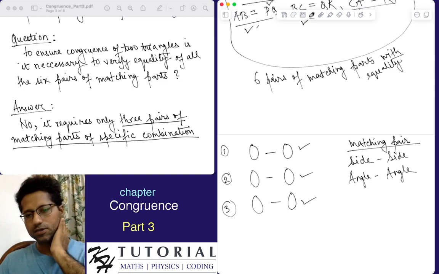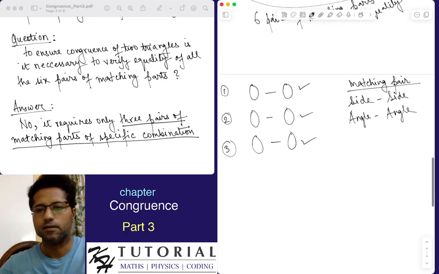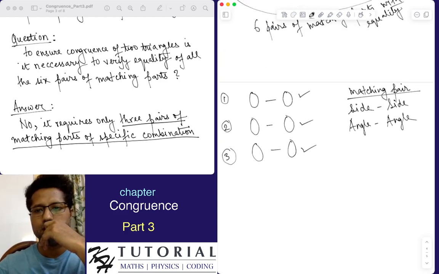Angle. Also, the second matching pair will be either a side or an angle. And the third matching pair will also be either a side or an angle.